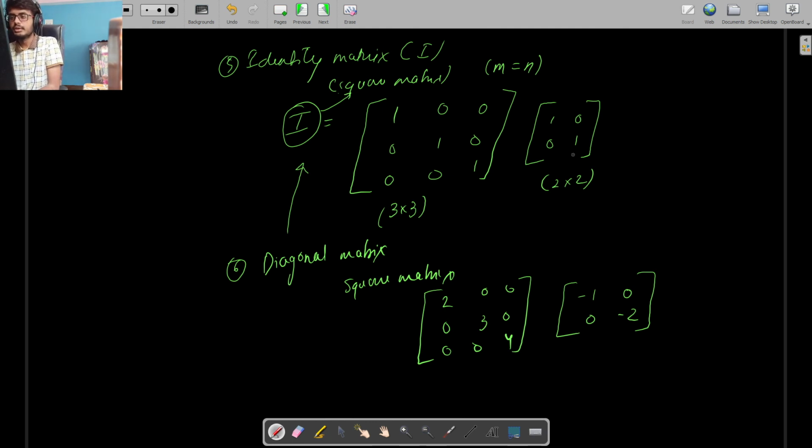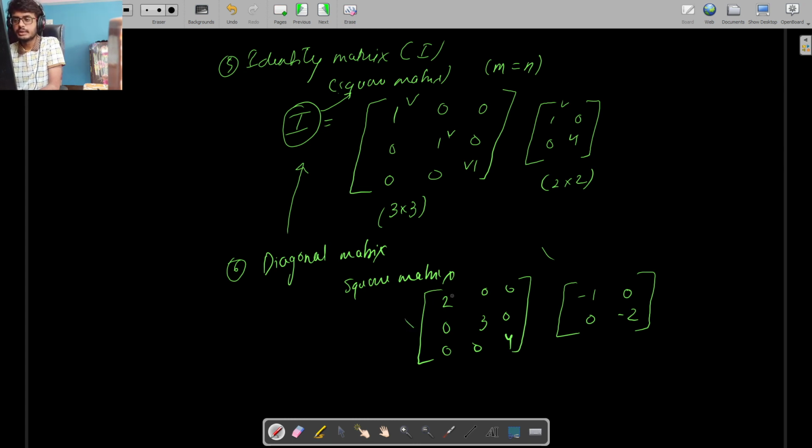These two may look similar because they have almost the same structure. They have zeros spread around the matrix, and the diagonal is a number. But the difference is that an identity matrix will have all the main diagonal elements as 1 and the remaining terms as 0.